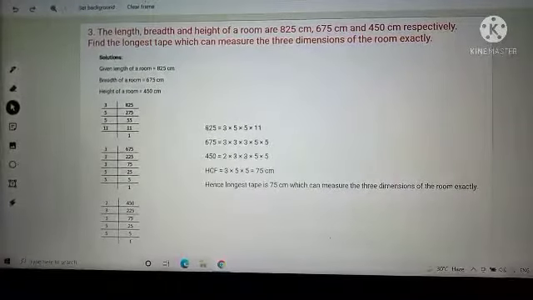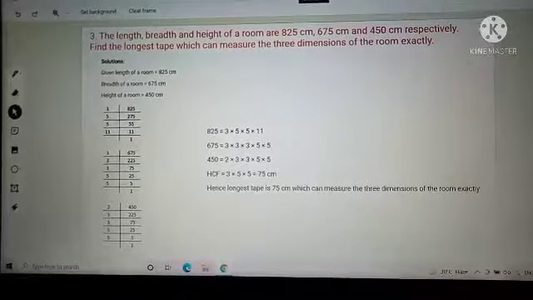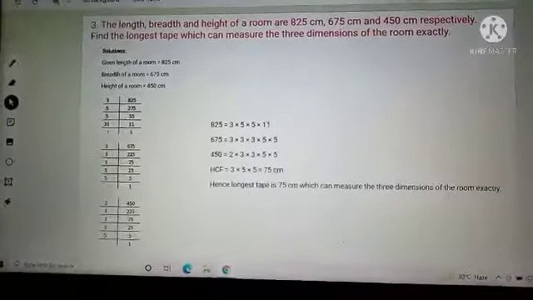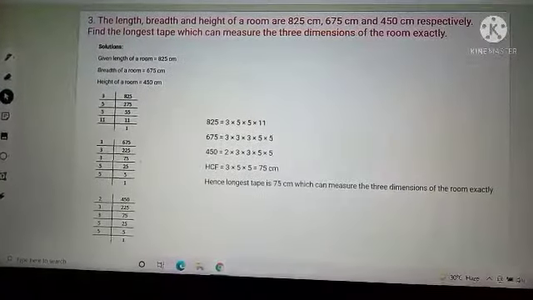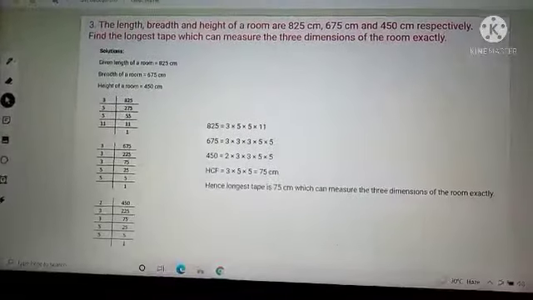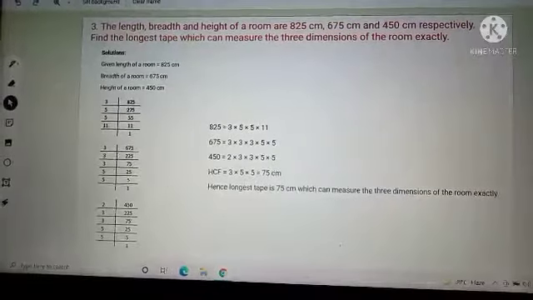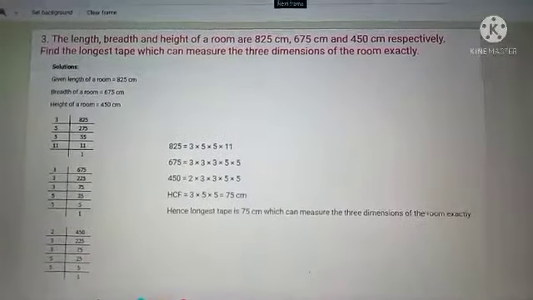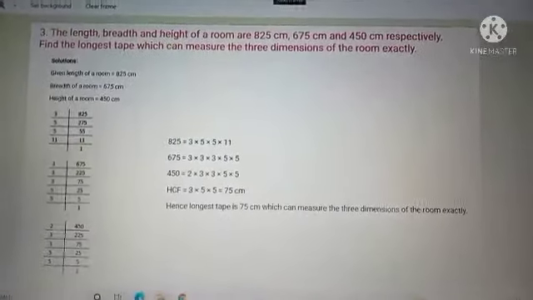Find the longest tape which can measure the 3 dimensions of the room exactly. So given length of the room is 825 centimeter, breadth is 675 centimeter and height is 450 centimeter. And we have to find the longest tape.